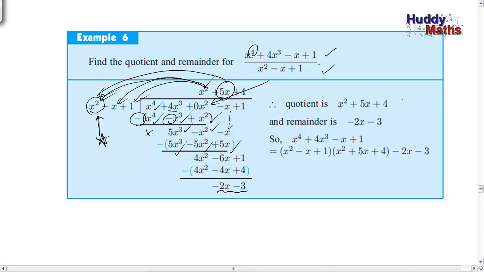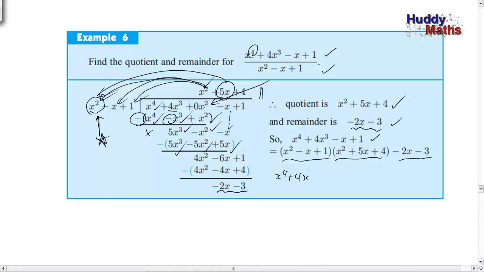So how many times did it go? Well, here it is up here. It went x squared plus 5x plus 4 times, and the remainder this time did have x in it, because the divisor was a quadratic. So we can say our original function was this many lots of the divisor plus the remainder. They've only written it one way, but I'd like to write it the other way as well.